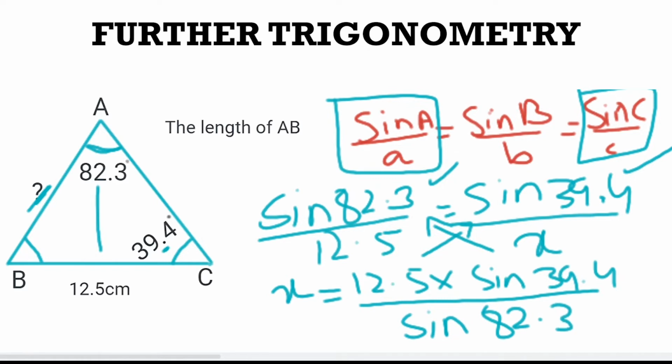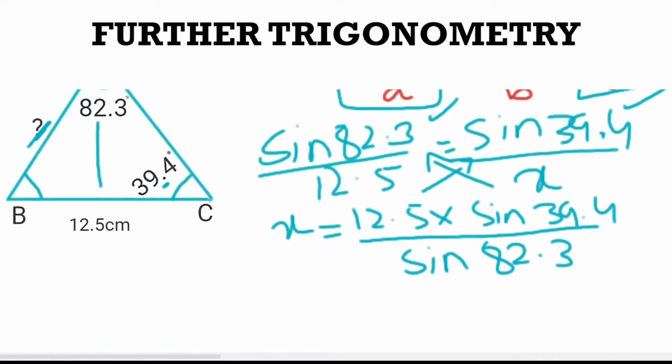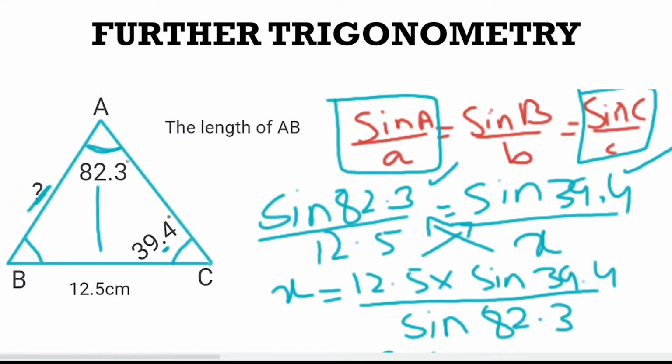Now we will solve this on the calculator. After solving this, the answer comes out that x is equal to 8.01 centimeters. So it means that the value of AB is 8.01. That's how we could solve the sine law.